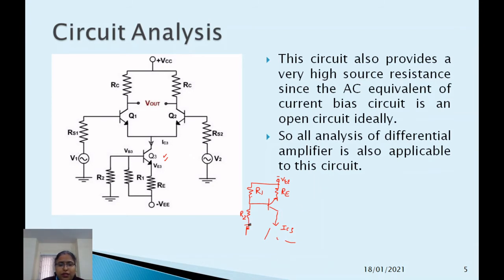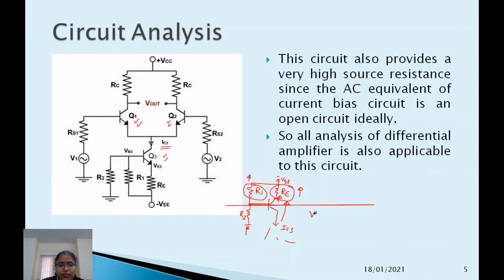In this circuit, if there are any changes occurring in the transistors Q1 and Q2, and as a result there is an increase in this IC3 current, what will happen? This current will increase. As a result, this IE3 will increase. So the voltage drop across this RE will increase. The voltage drop in the RE resistor will increase. As a result, the voltage at this point will decrease.